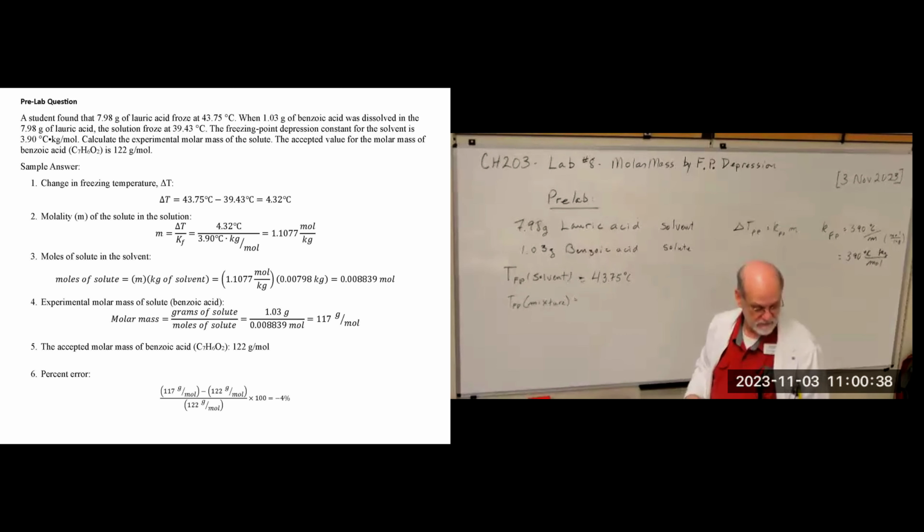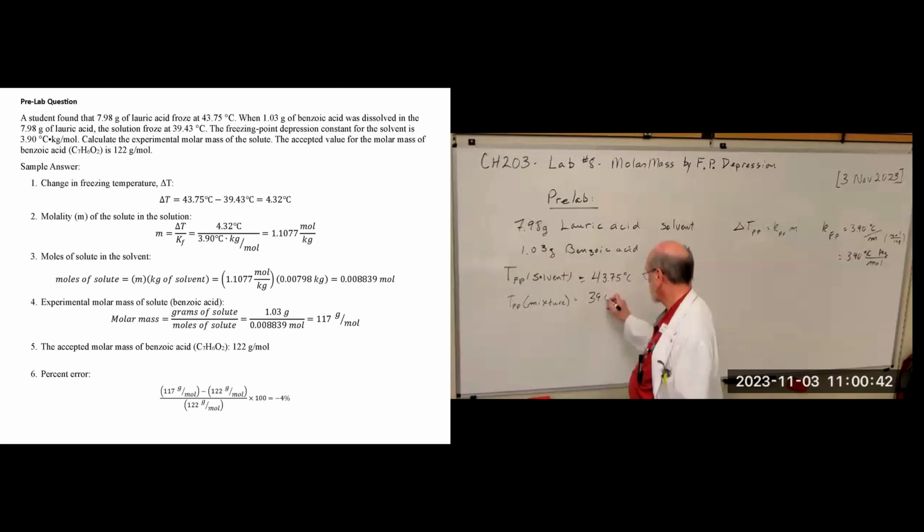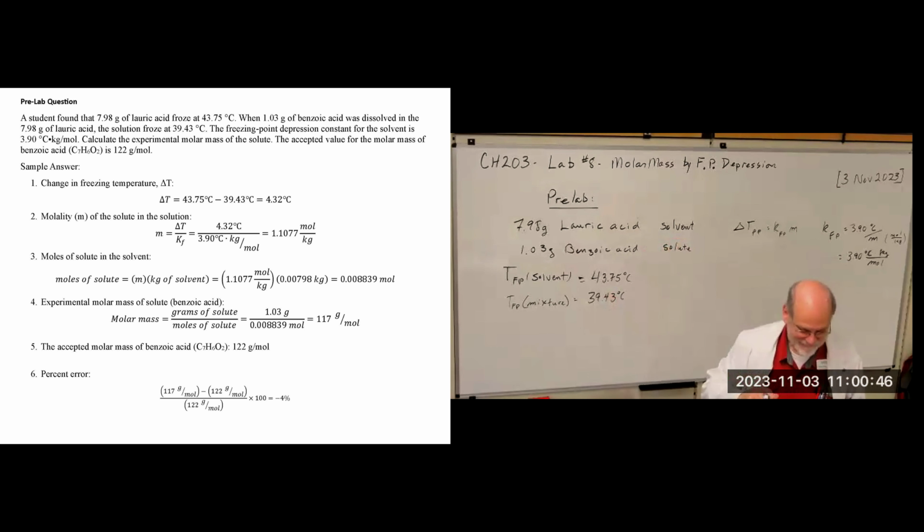It's decreased to 39.43 degrees C. Okay. And the accepted value for the molar mass of benzoic acid is 122 grams per mole.